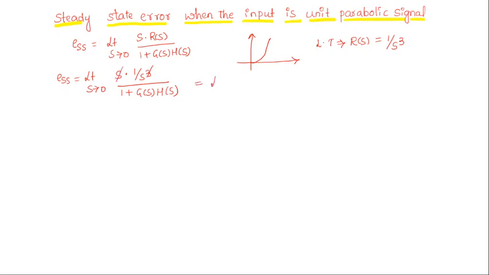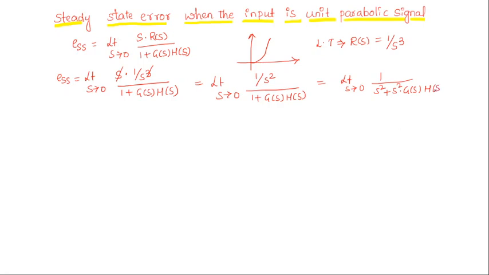So we are left with limit s tends to 0 1 by s square by 1 plus G of s into H of s. This is also written as limit s tends to 0 1 by s square plus s square into G of s into H of s.